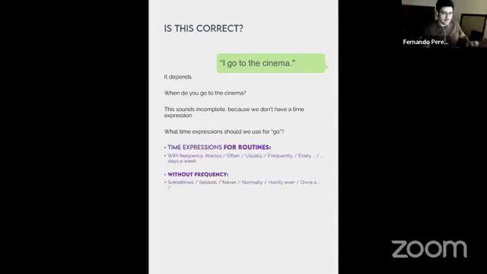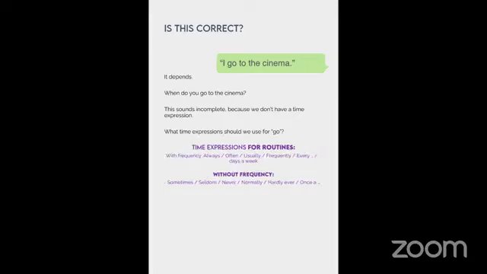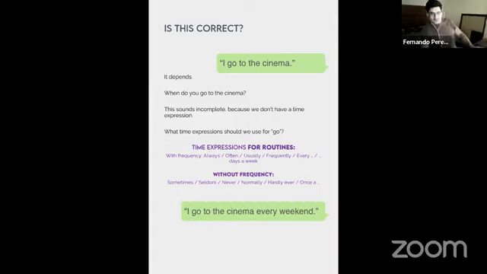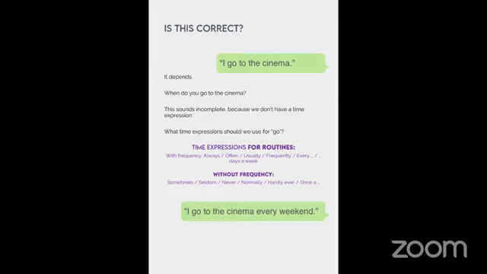A frequency. Exactly. So the correct form is I go to the cinema every weekend. Or sometimes. Or once a week. Or always. Or often. Normally.